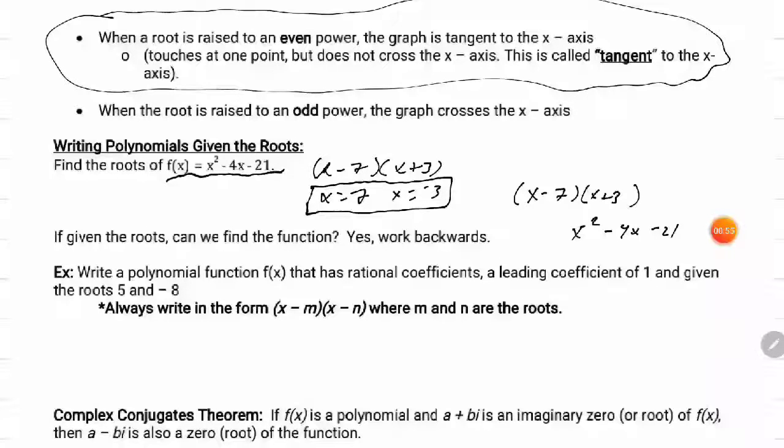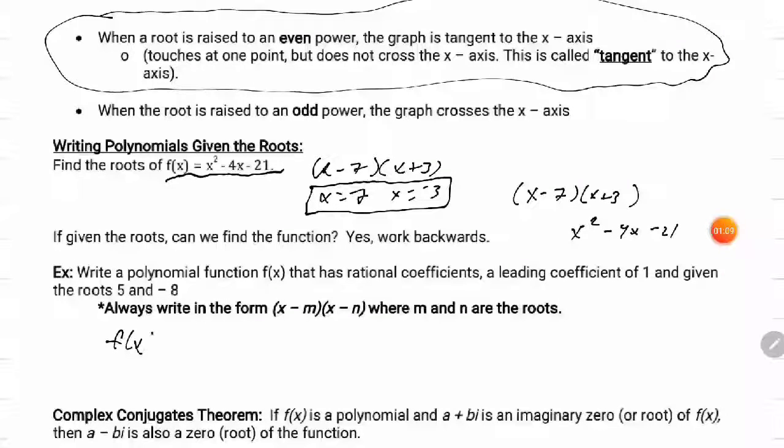Write a polynomial function that has rational coefficients, a leading coefficient of 1, and then given that the roots are 5 and -8. So we have a function that we're trying to write a polynomial for, and we have 2 roots, so we're always going to write it in this form. x minus one of the roots, x minus the other root.